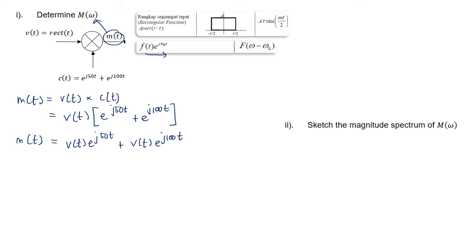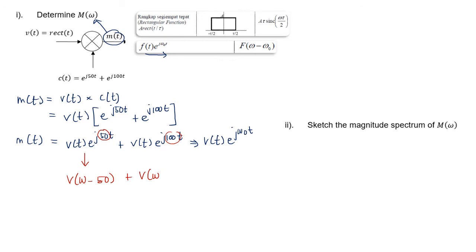In this case, compared to v(t) e^{j omega naught t}, you may notice that you have the first omega naught and the second omega naught. So this one you'll have V(omega minus 50) plus V(omega minus 100).